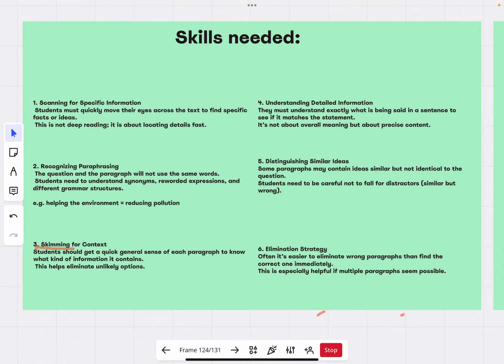You need to find the difference between them. It's not identical, so be careful of distractors like 'but' or 'however'. Then the eliminating strategy: if you find the answer for one, you eliminate it, making the search more concise and easier.